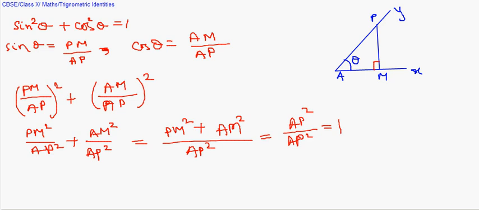Now let us move on with taking up the second identity, which says I can just move on to the second page and draw another figure to show the same thing. I'll just draw a smaller one. Sorry, this is P and this is M. I had drawn this is A and this was theta.